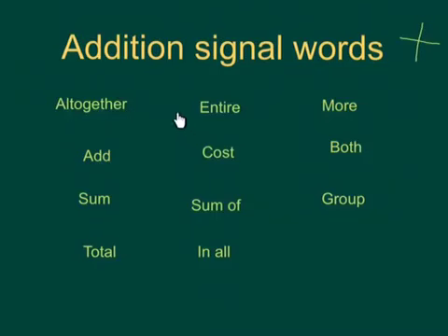What's the entire group? What's the cost of something if they're talking about adding money together? What's the sum of these numbers? How much in all? More, both. So how much is in both groups? They're all words that you might see in some word problems that ask you to do addition.